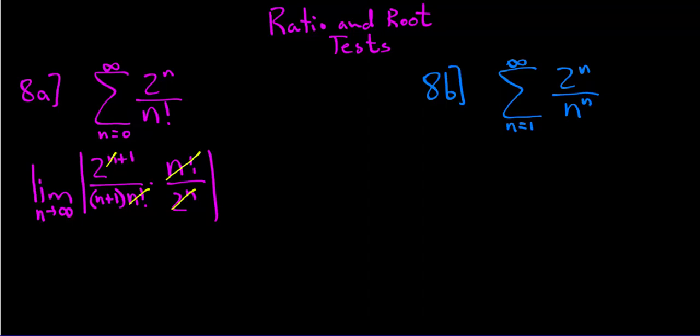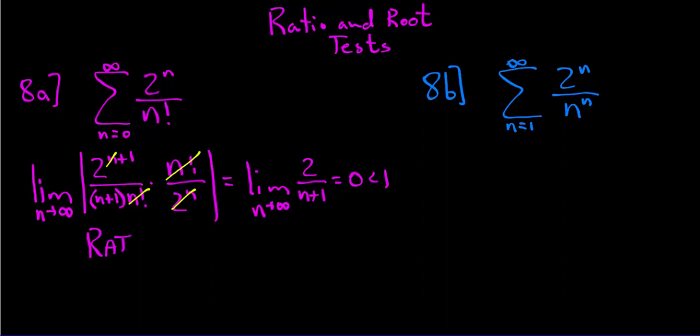So let's see what we've got now. We've got the limit as n goes to infinity of 2 over n plus 1. That equals 0, which is less than 1. Therefore, it converges by the ratio test.